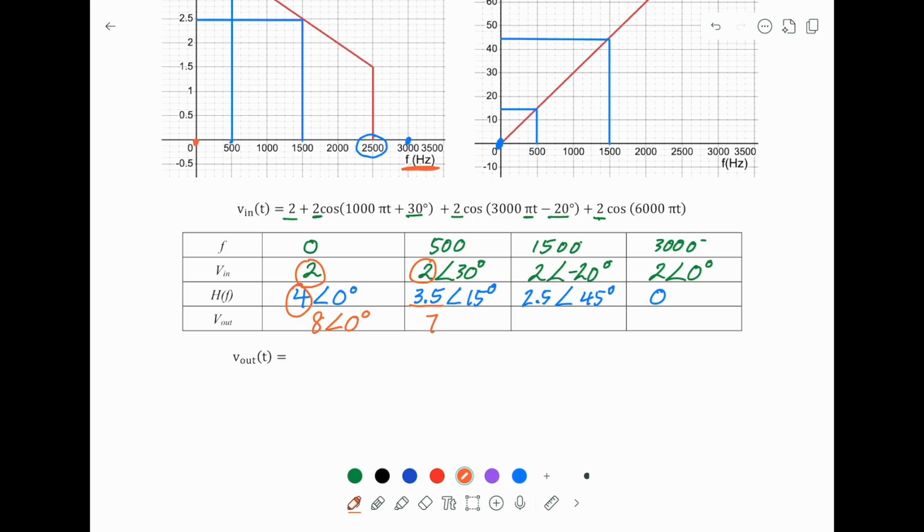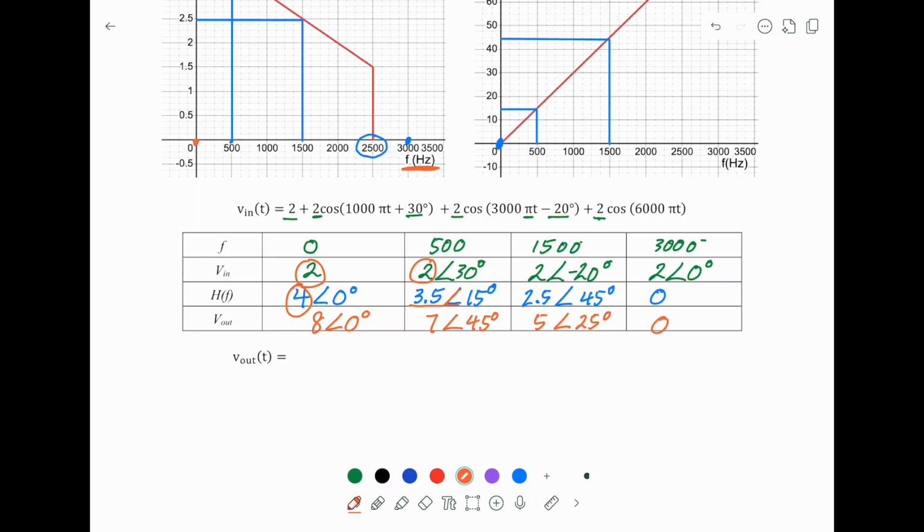Now, this one means you shift the phase angle by 15 degrees, so it becomes 45 degrees. Here, this is minus 20 plus 45, so it becomes 25 degrees, and this is 0.